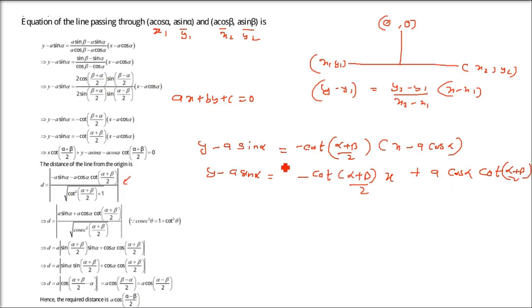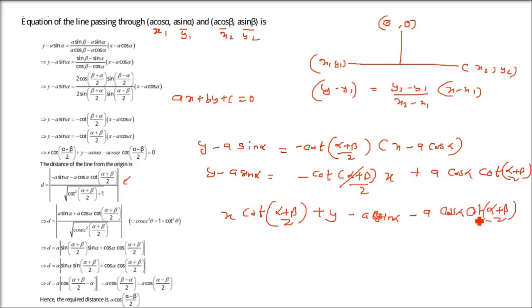You can take the negative on the positive side, or the y or a sin alpha on one side; this is up to you. So what do you get? x cot alpha plus beta by 2, then we have y minus a sin alpha, and take this also on that side, minus a cos alpha plus beta by 2.